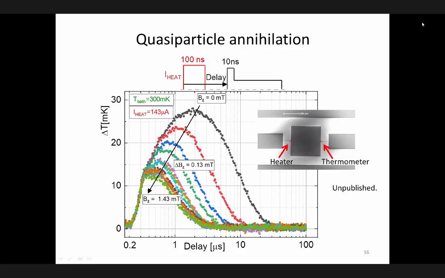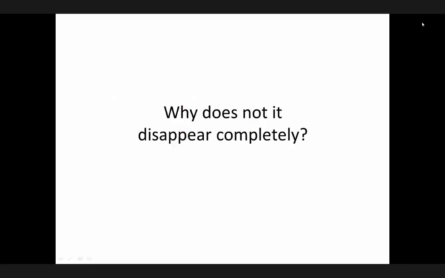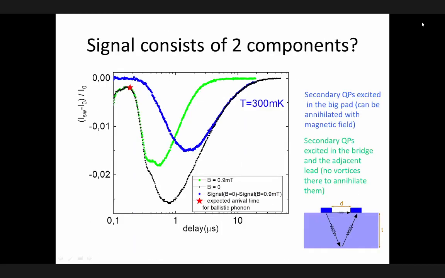So it would mean that phonons emitted in the silicon substrate hit somewhere in the vicinity here and are able to heat up the bridge independently of whether you have magnetic field or not. The second component is the one where you excite secondary quasi-particles in this big pad, and then they diffuse to the bridge. If there are vortices on the way, they can be manipulated.